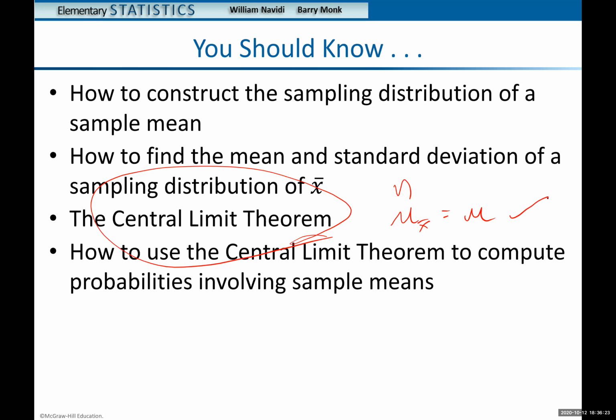The common mistake is that some students forget to change the standard deviation to standard deviation over square root of n. Remember from 7.2, you change whatever the given standard deviation is. Here you also have to divide it by square root of n. It's still the same normal CDF, but don't forget to change the standard deviation.